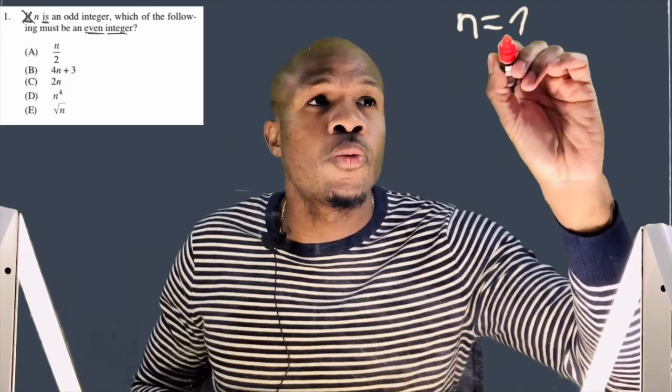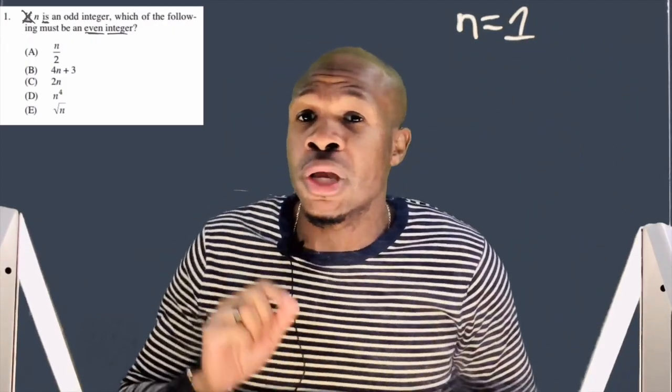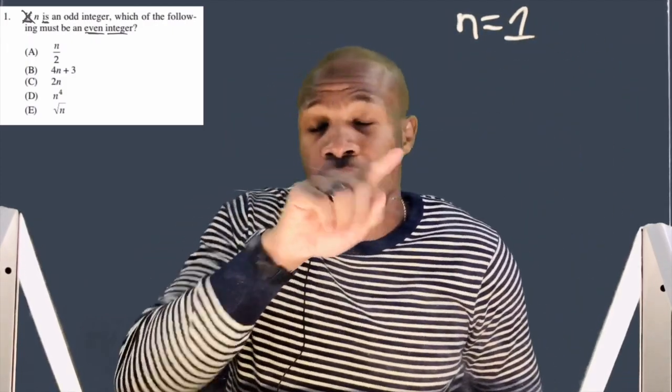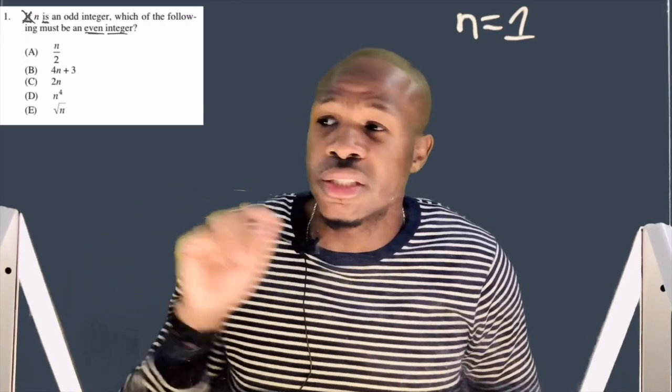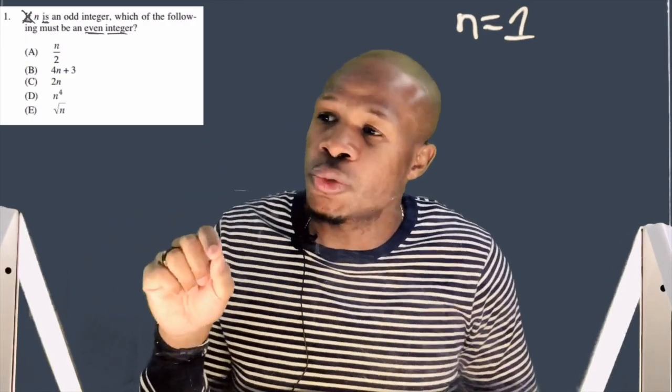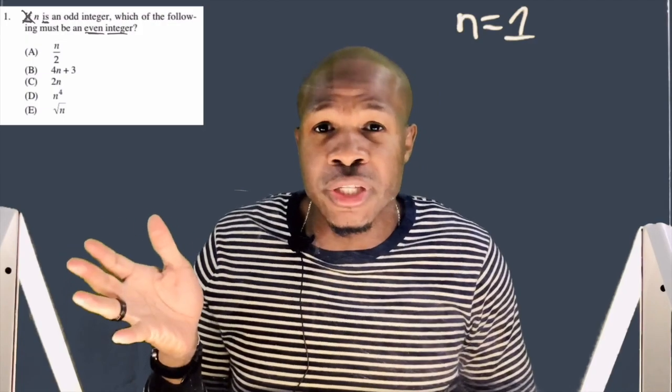So what's the simplest odd integer that you can think of? Well, the simplest odd integer I can think of is the number 1. So that's the number that I would pick for n. So I'm going to say that n equals 1. And then what I would do is plug the value for n into each answer choice and see which one gives me an even integer.